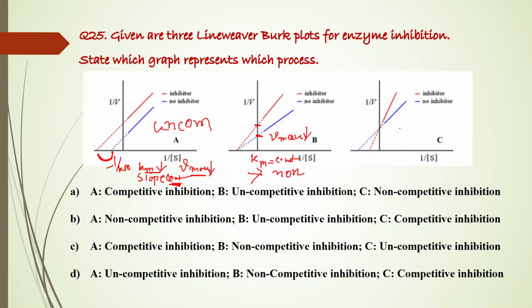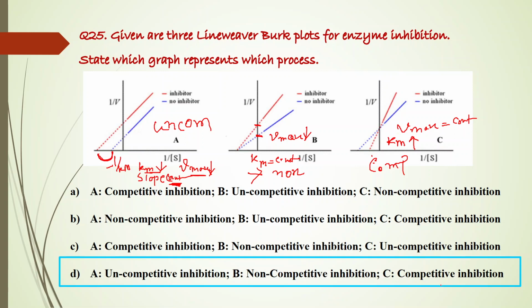And the last one, where Vmax remains constant but your Km value increases, this means it is a competitive inhibition. So our correct option should be A uncompetitive, B non-competitive and C competitive.